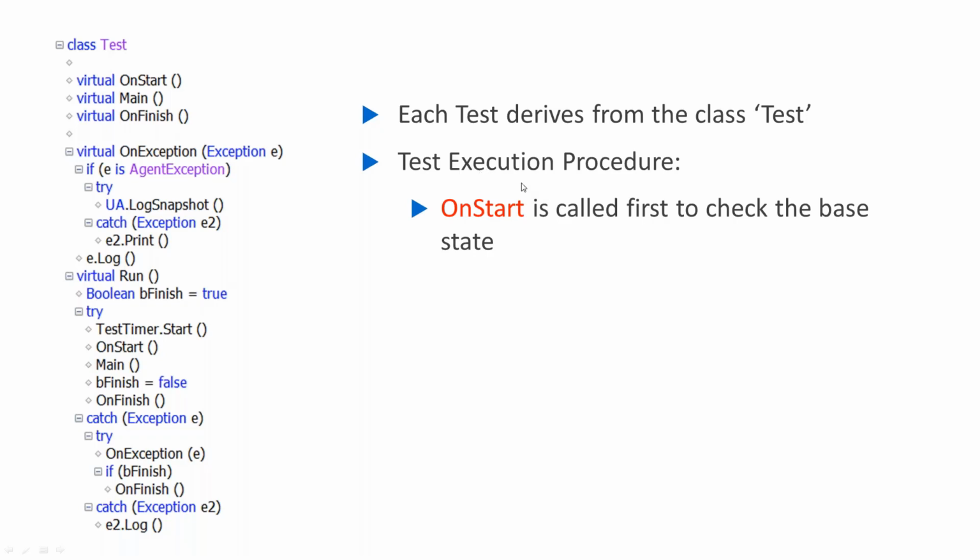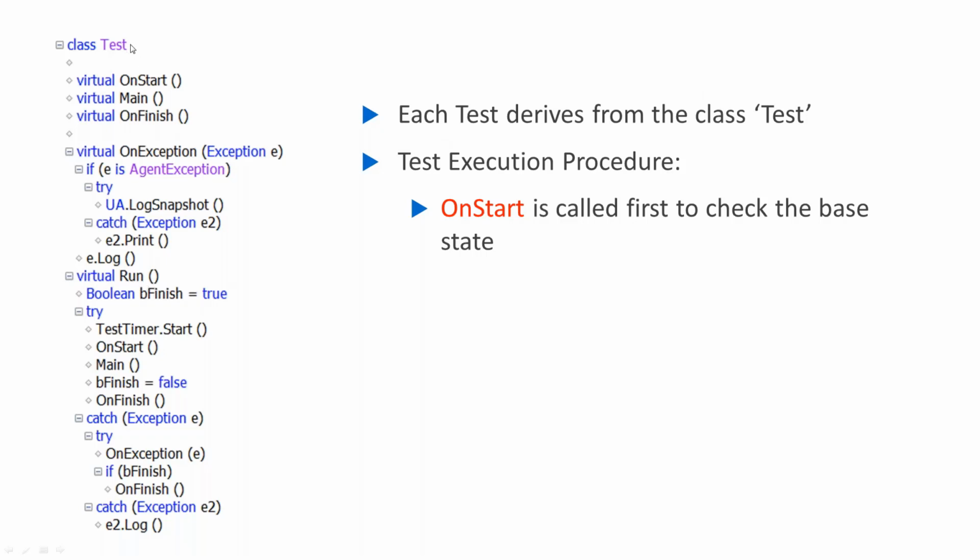Now, when a test runs, I want to talk about what the procedure is. When you run a test, so you're either in a test and you click run, or you're in a plan or a suite or a test set and you click run, what happens is this run actually gets called.